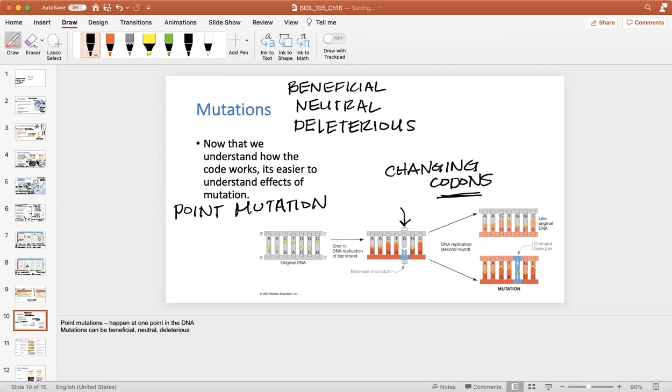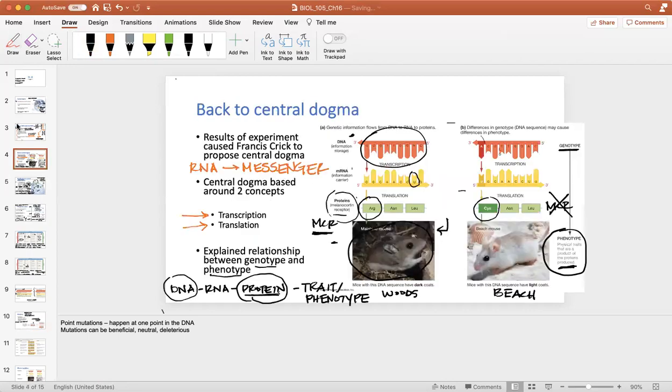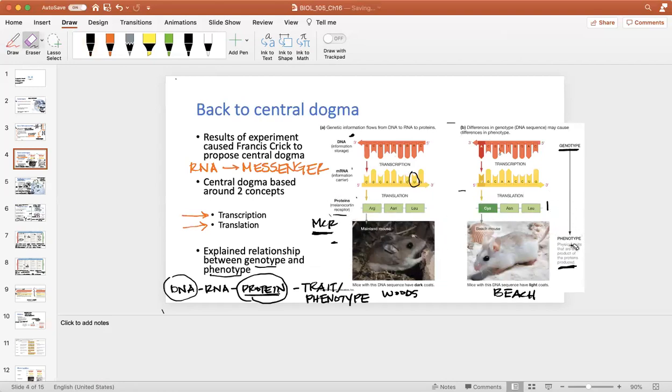Let's go back up here. I want to go to my mouse picture. I'm going to erase. So let's think about what happened with this mouse situation. What we had going on here, let me make this just a wee bit bigger.